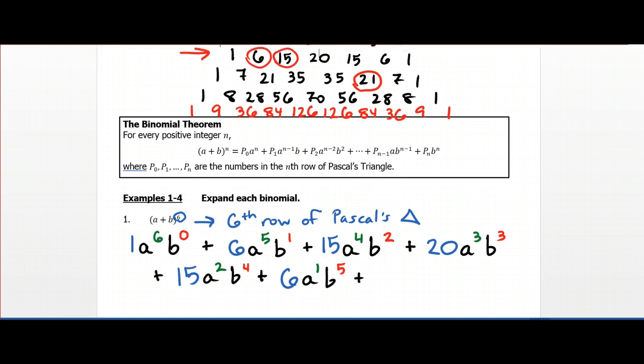So we have 1, a is now to the 0 power, and b is now to the 6th power.